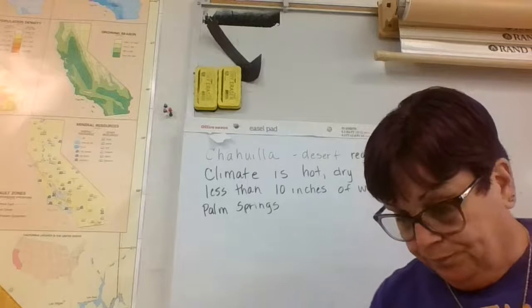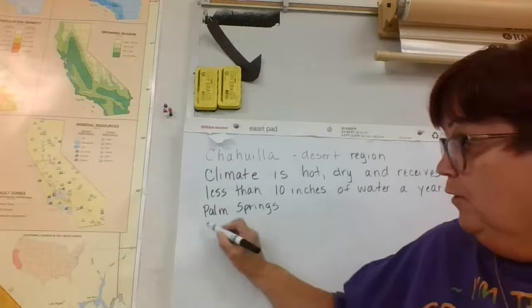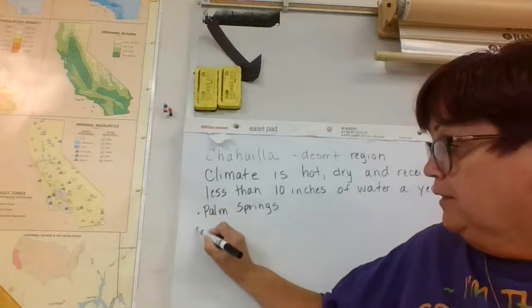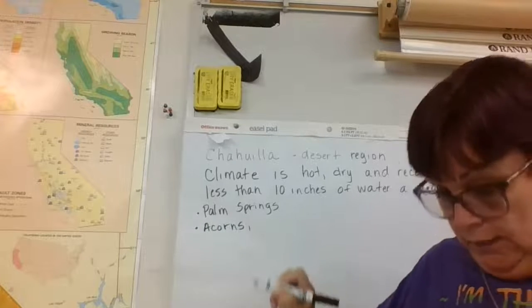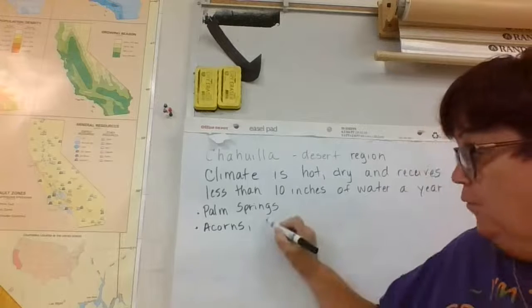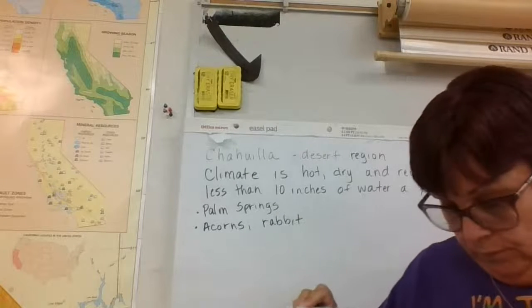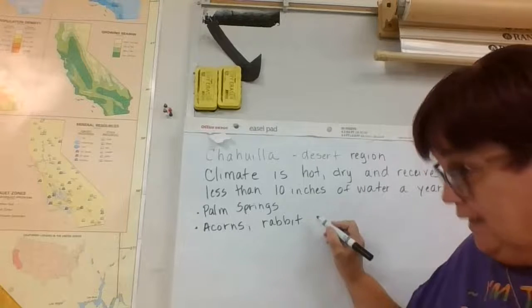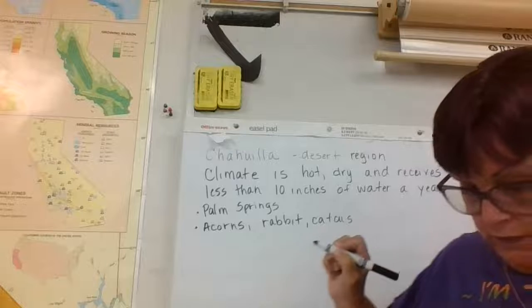Okay, so what the Cahuilla tribe used to eat, they were very out in the desert. They again too ate acorns. Okay, they ate rabbit. Okay, they ate cactus. Makes sense in the desert to eat cactus.